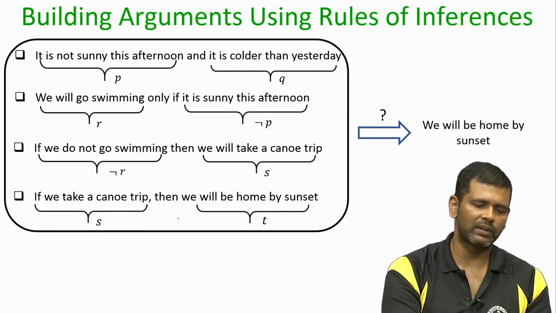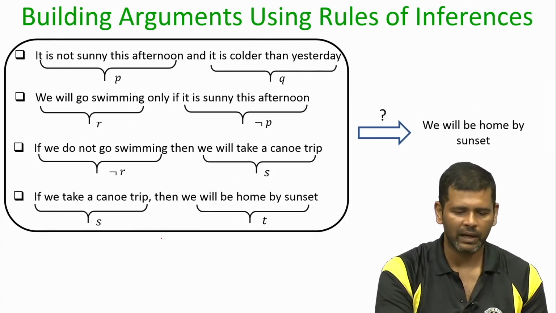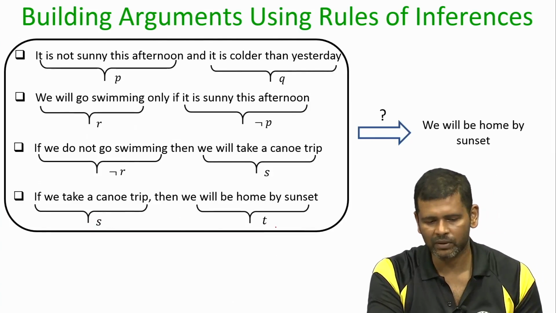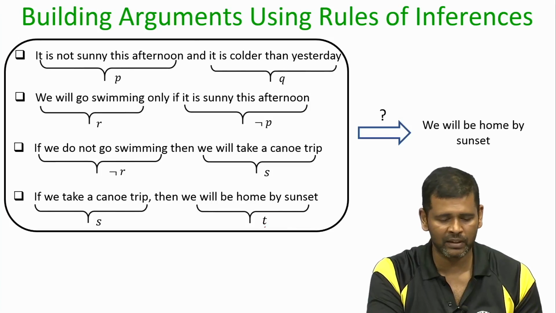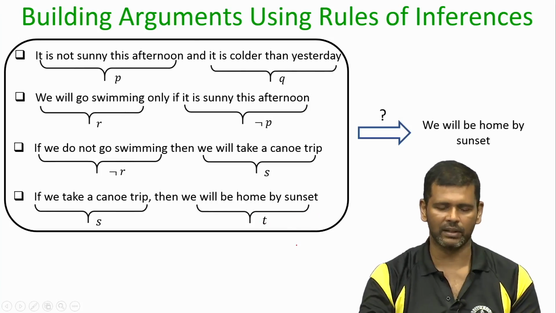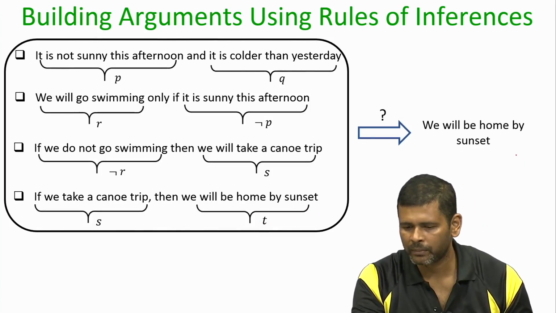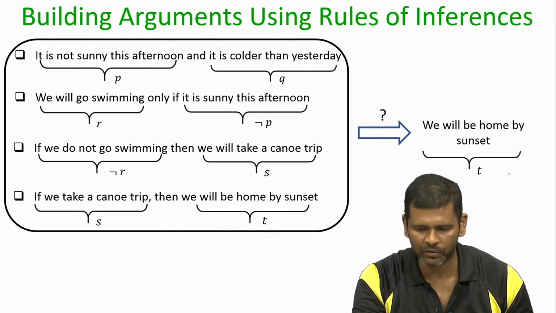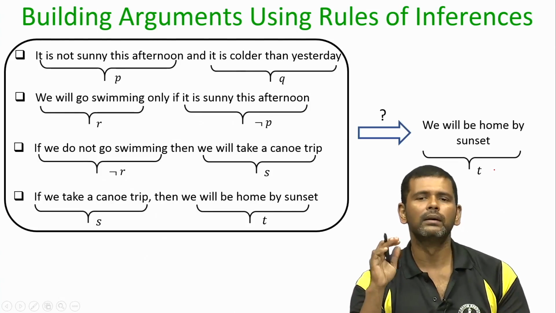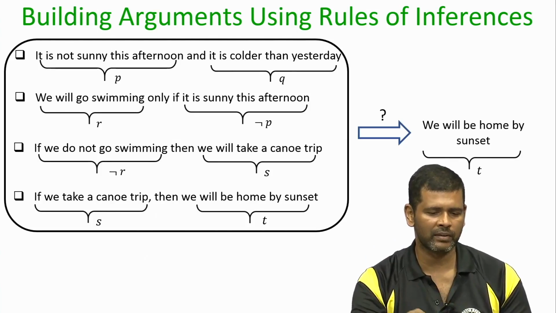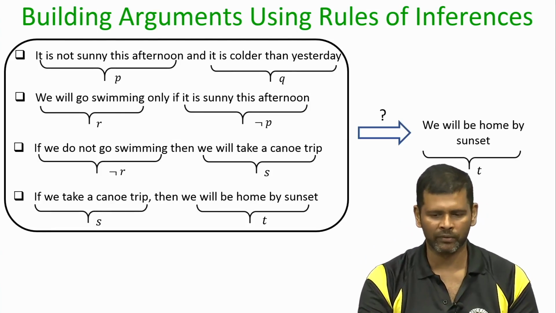For the fourth premise, I do not have to introduce anything for the statement if we take a canoe trip, but I have to introduce a variable T for representing the statement we will go home by sunset. What is the conclusion I am trying to draw? We will be home by sunset. I am using the variable T for that. So, the first step here is I have assigned propositional variables for the various statements involved in this argument.